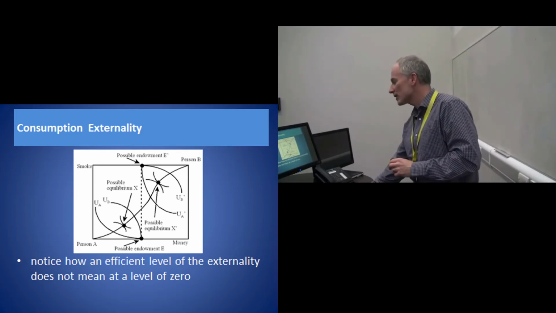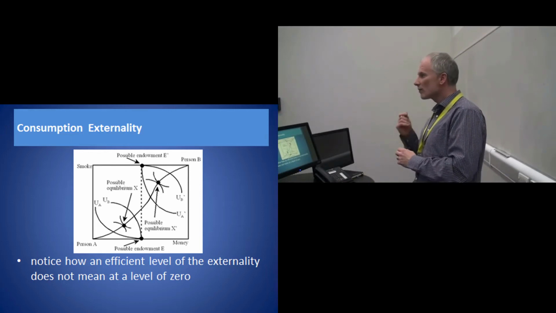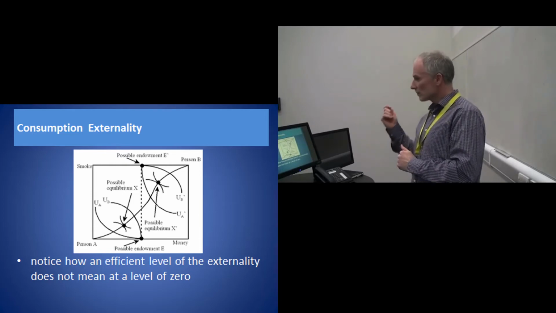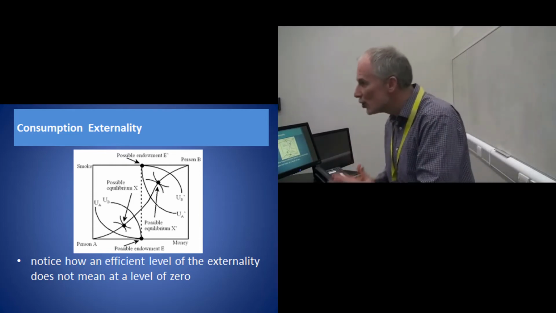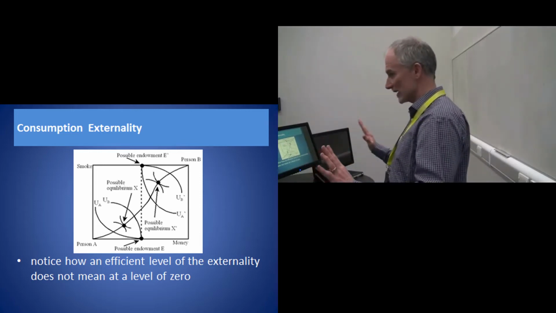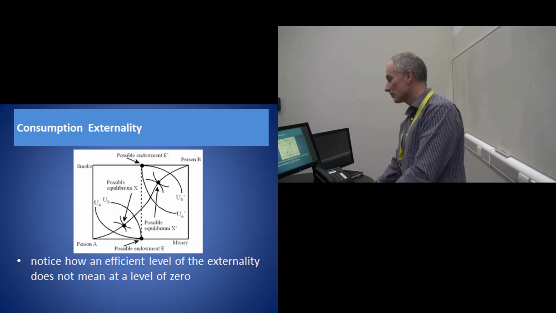At the equilibrium outcome that we get at point X, there is smoke present. An efficient outcome does not mean zero level of the externality. If that were the case, that's where we would have started from.